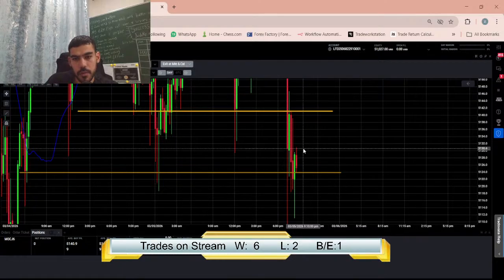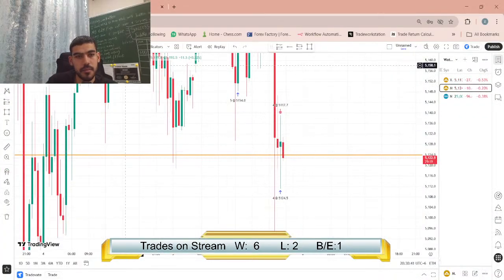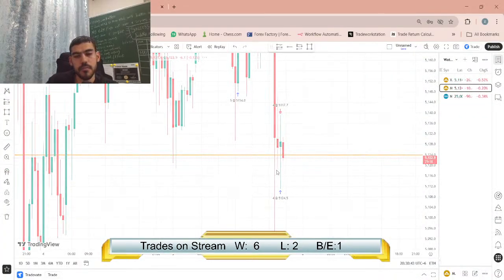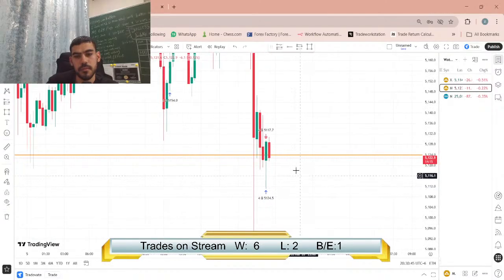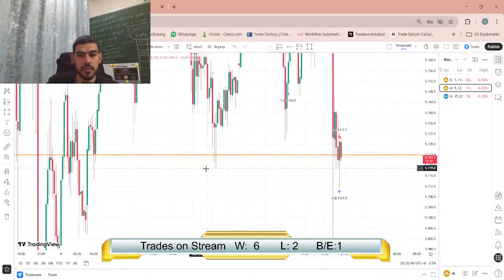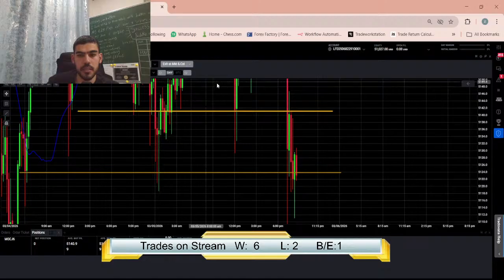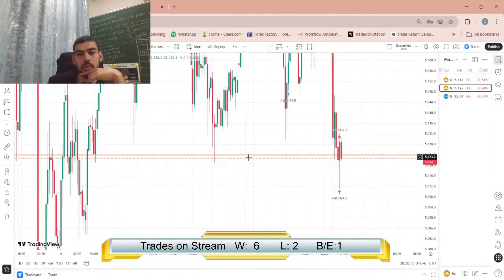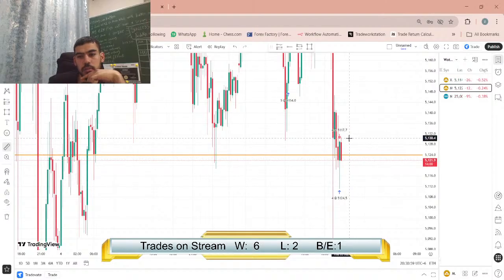Or maybe it could melt actually. It could actually melt. Let's see. Will it move to the upside or will it melt? Because it closed above, it closed below, I mean. So I think we have clean range to the downside.